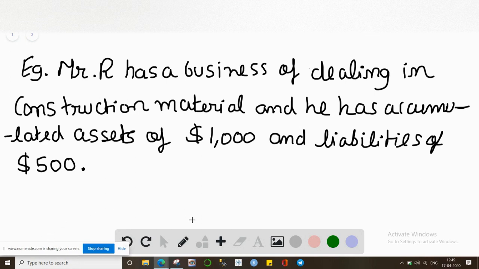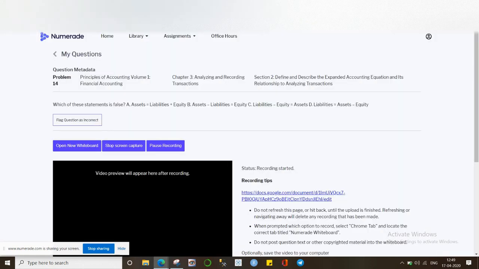But we are actually dealing with a different problem. The different problem is how many types of combinations we can derive from the basic accounting equation.